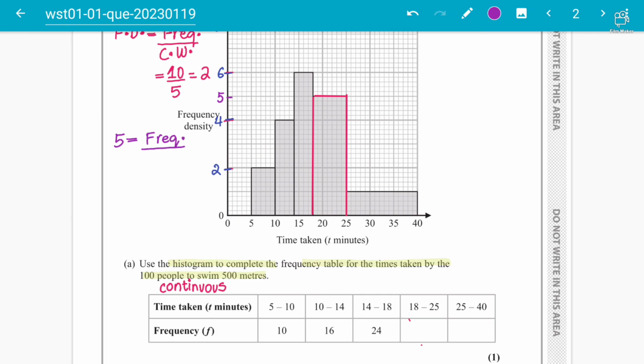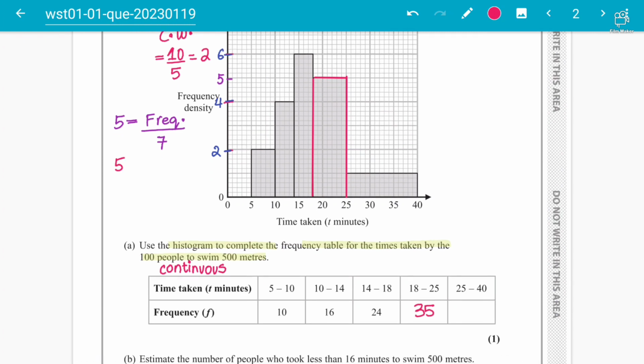But you know the class width: the difference, 25 minus 18, is 7. So the frequency is 5 sevens, which are 35. That's the answer for this one, and you'll get 0.5 marks for this. So 35 is the frequency there.